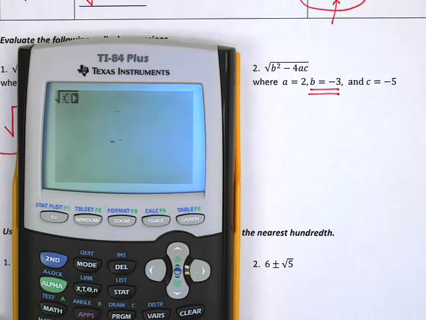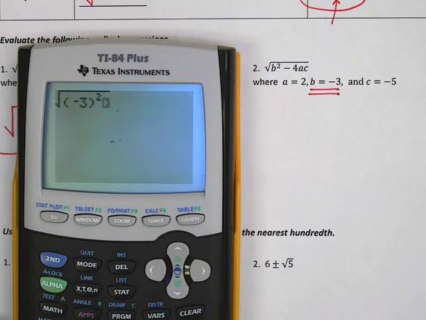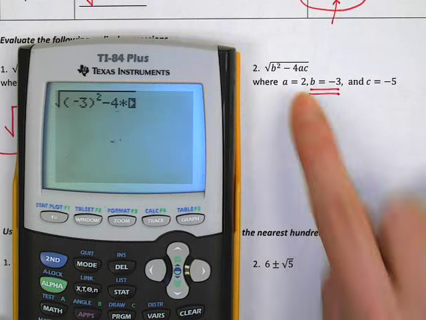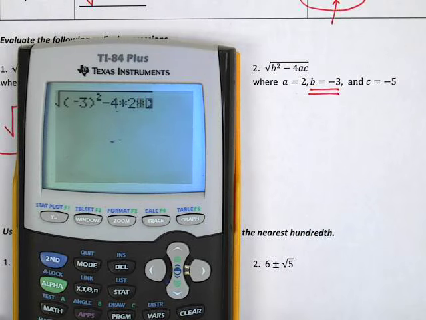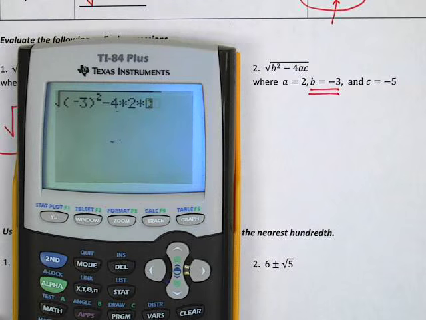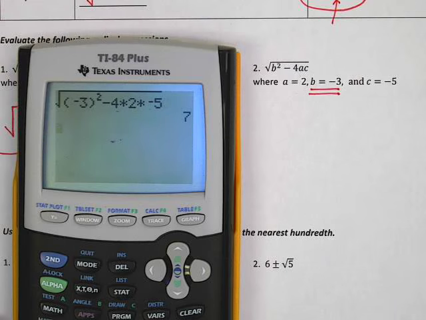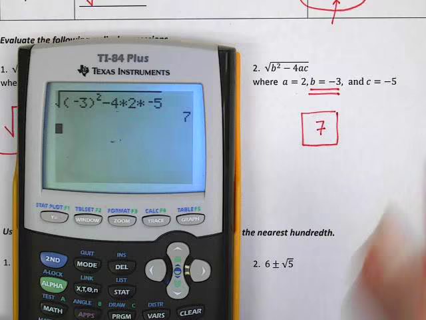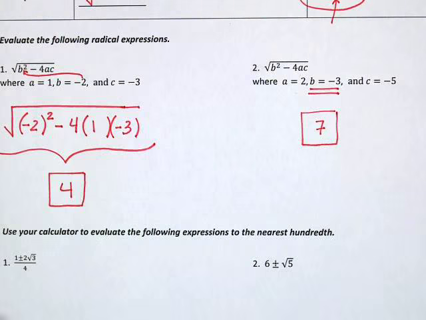So parentheses, -3 squared minus 4 times a is 2, times c is -5. All right, let's see if we all get 7. The answer is 7. So these are just, can you type stuff in your calculator?